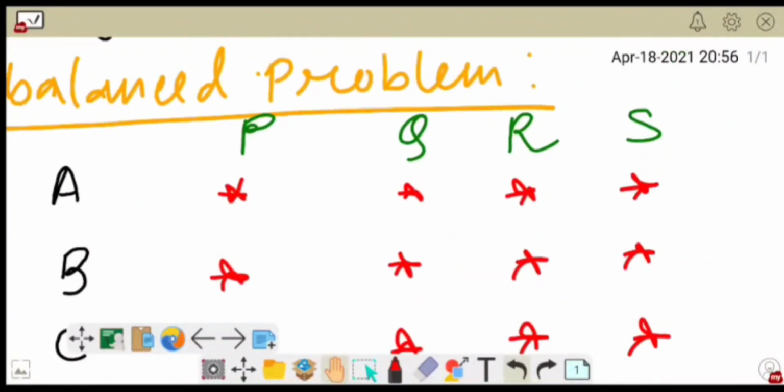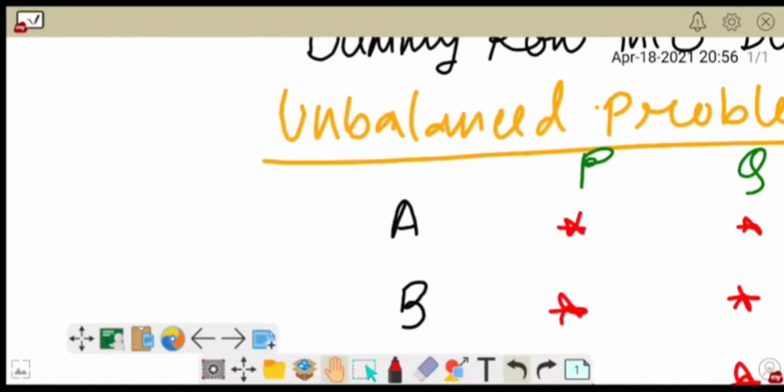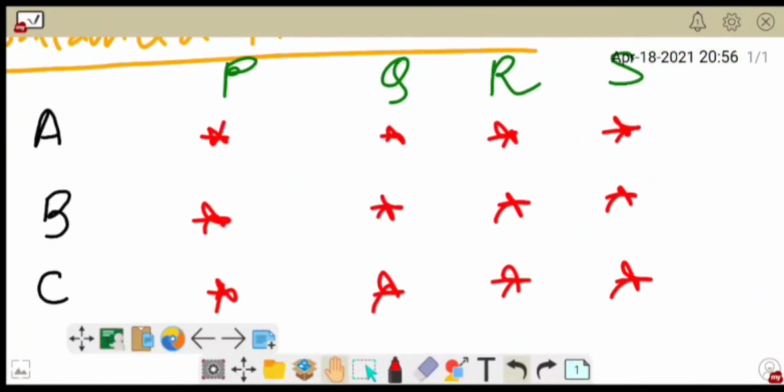This is an example of an unbalanced assignment square matrix.